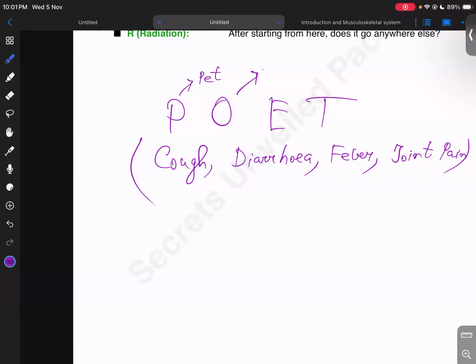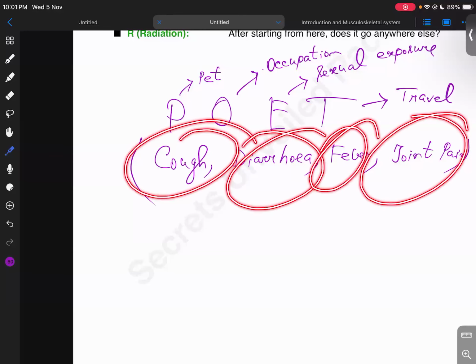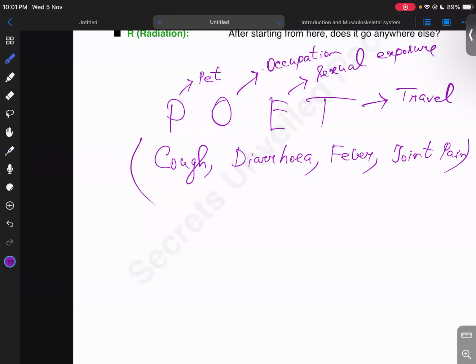O goes for occupation. E goes for sexual exposure. And T goes for travel. POET is important only for cough, diarrhea, fever, and joint pain. Apart from these 4 prompts, POET is not important for any other prompt.